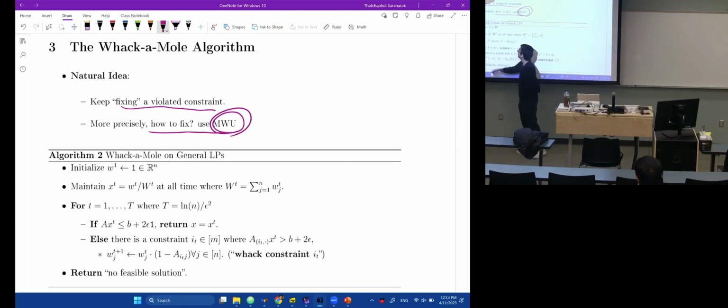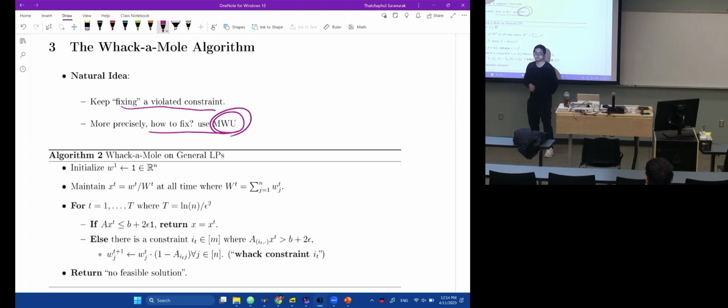So x_t is w_t over capital W_t, where capital W_t is the sum of the weights. Now we're just gonna repeat for some rounds.